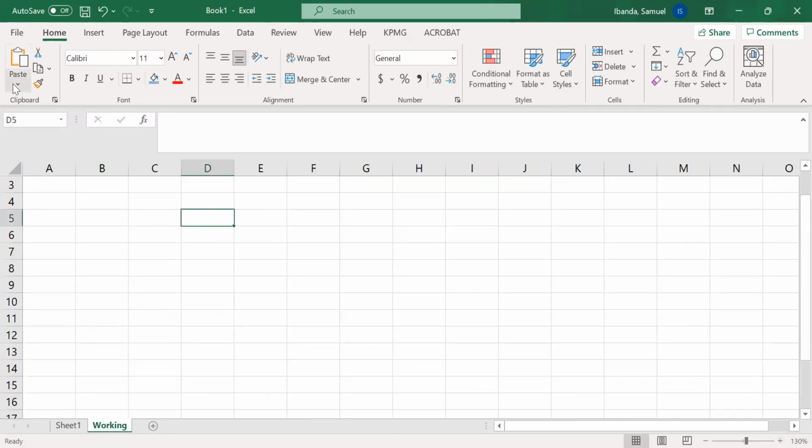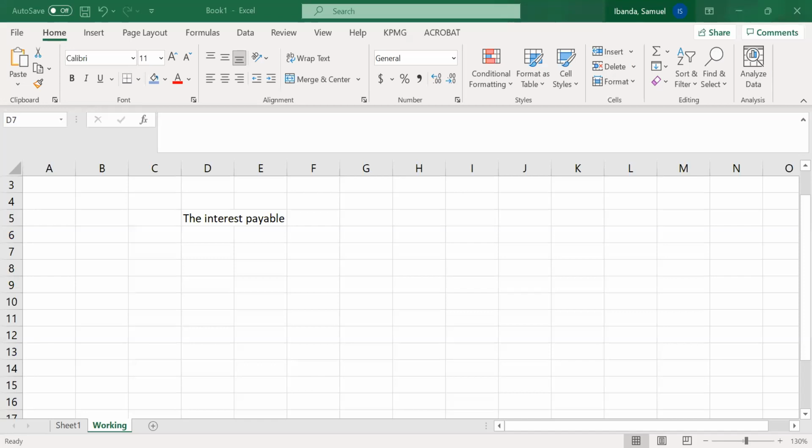Since we are going to calculate interest payable, we have our partners.